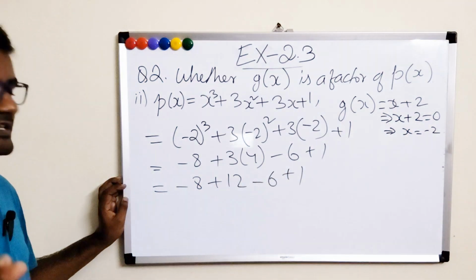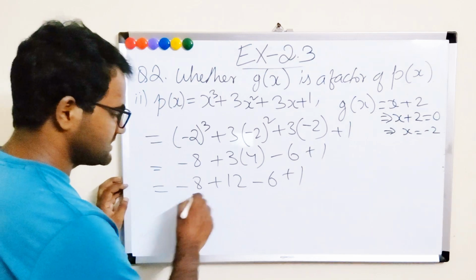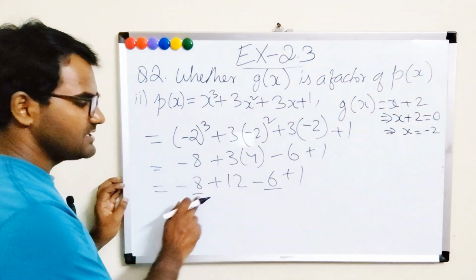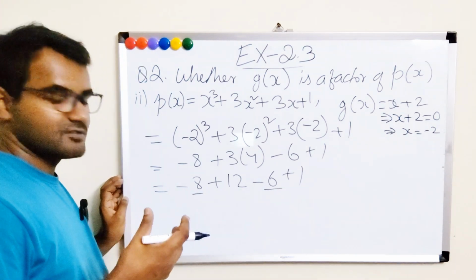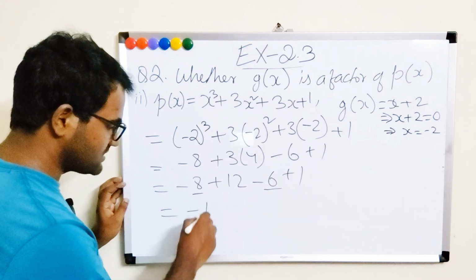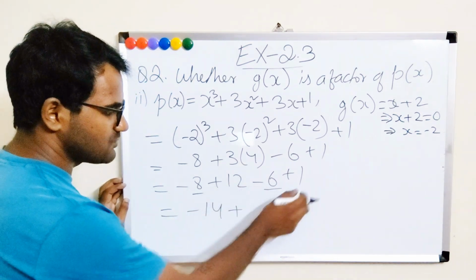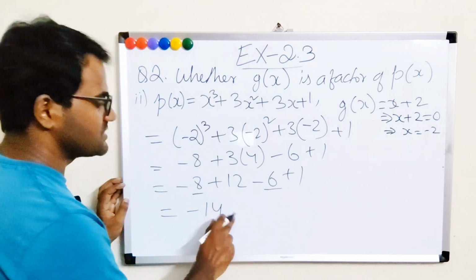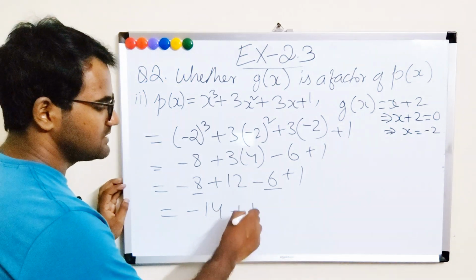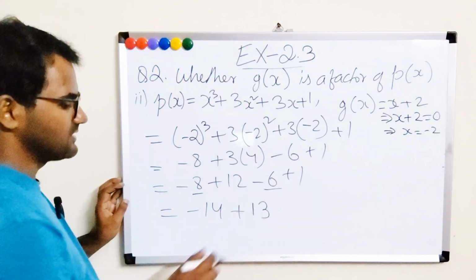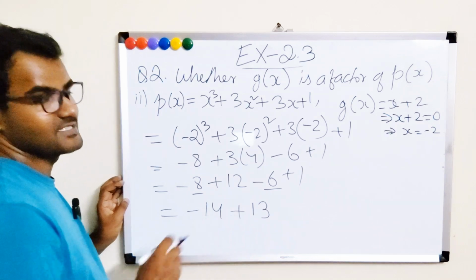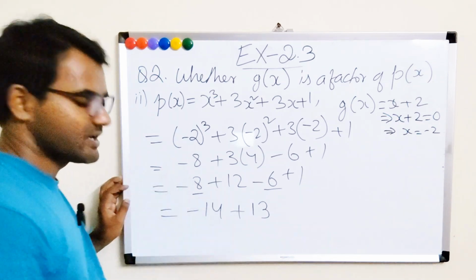Now you observe the negative, negative and positive, positive. See, negative, negative, what do we have? 8 plus 6, what do we get? Minus 14, right? Minus 14 plus, we get here what? 12 plus 1 is what? 12 plus 1 is 13, right? 13. So now minus 14 plus 13 is what? Minus 1, right?